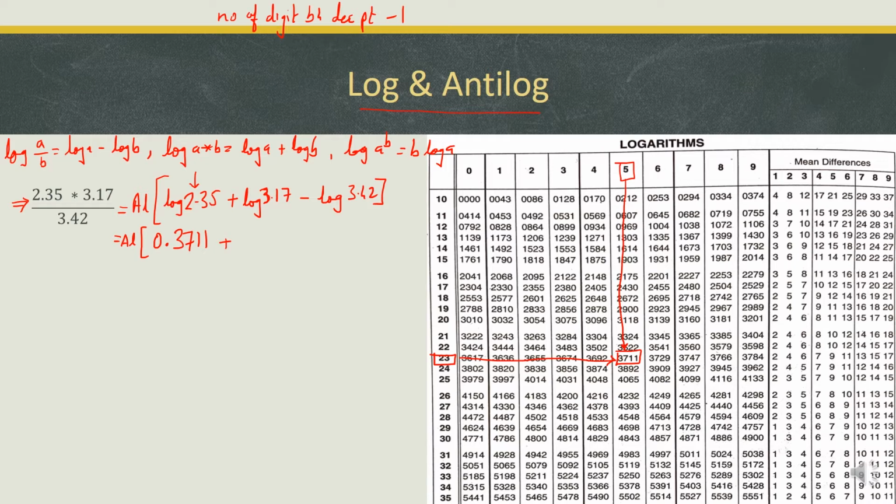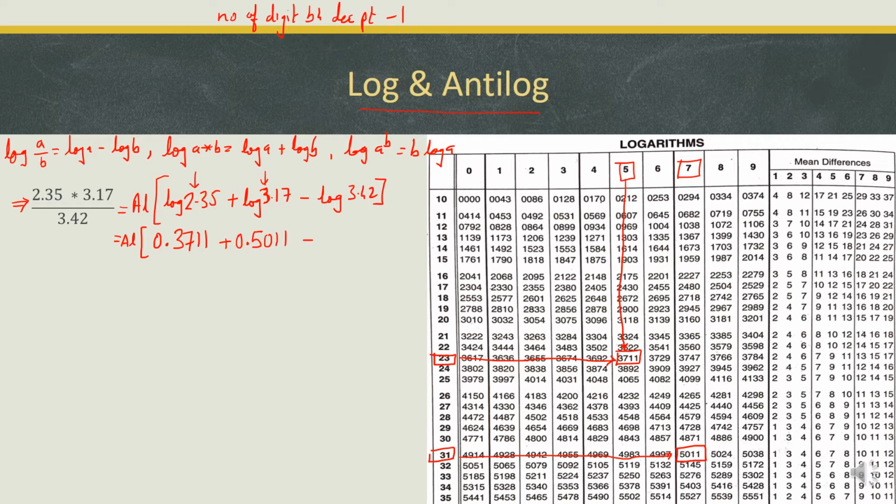Likewise, for the next number, we will look for 31 and 7. We got 31 over here, 7 in the first row, and they coincide over here. So we got 5011. So the answer over here is 5011 with a decimal point before that. Again, there is only one digit before the decimal point in given number. So 1 minus 1 is 0.